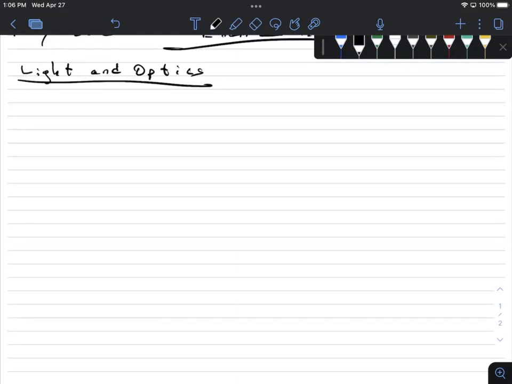The first part was about waves and light specifically. And with this, we talked about the different types of waves, transverse, longitudinal waves. There's water waves, sound waves, light waves, all these types of different waves. And what is common to all waves?